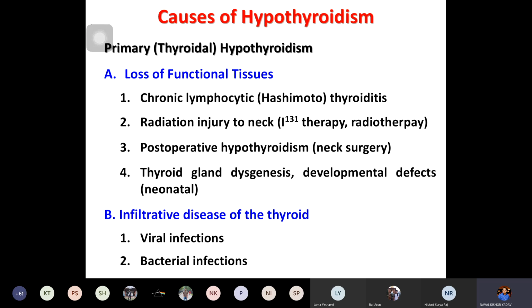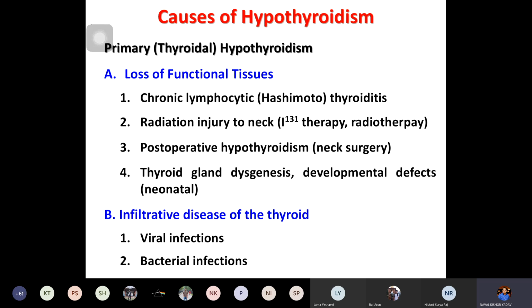Dysgenesis means there is abnormal organ development during embryonic growth and development. Okay, that is a developmental or growth defect in the organs. So in the thyroid gland there is a developmental defect during the neonatal or embryonic conditions.